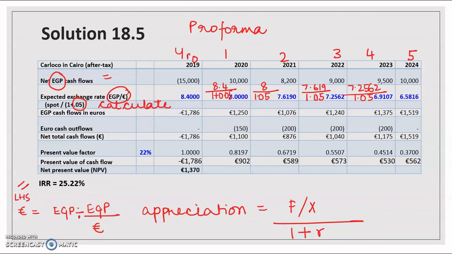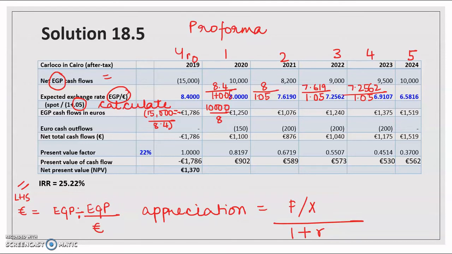So essentially it is going to be 10,000 divided by 8 to give you 1250. This will be negative 15,000 divided by 8.4 to give you negative 1786. So have a go at this to see the cash flows in euro.